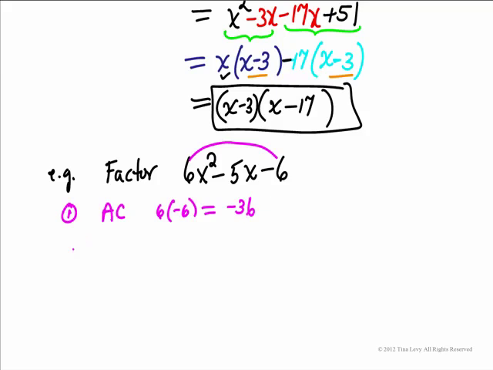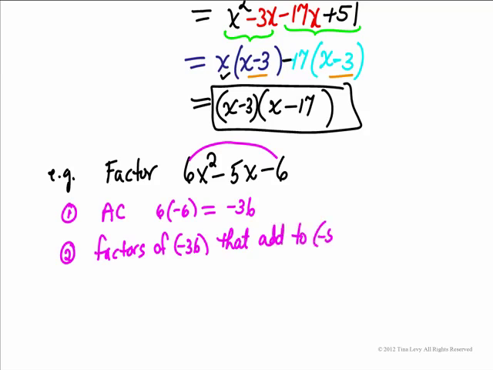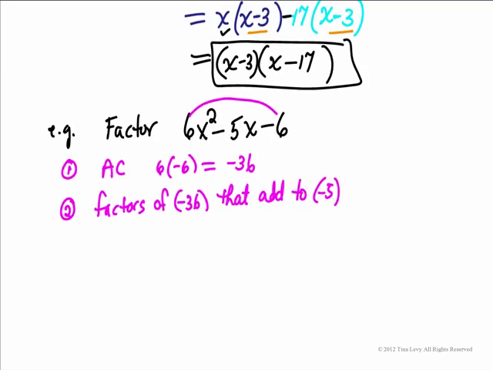Once we have this, we get the factors of negative 36 that add up to negative 5. I'm now going to set up a table. It has to multiply to a negative, so one is positive, one is negative, but it adds to a negative, so the larger of the two, if you ignore the signs, will be negative.